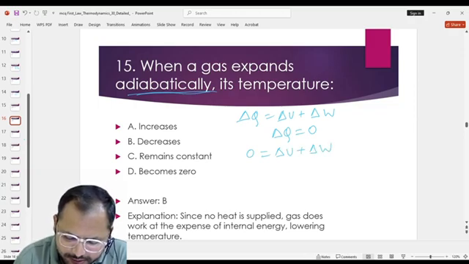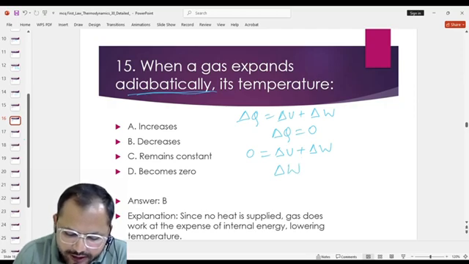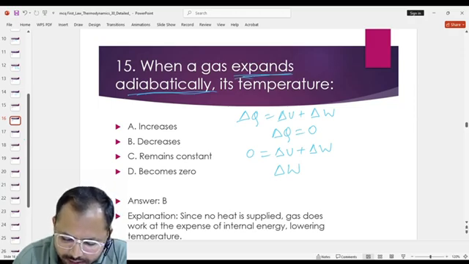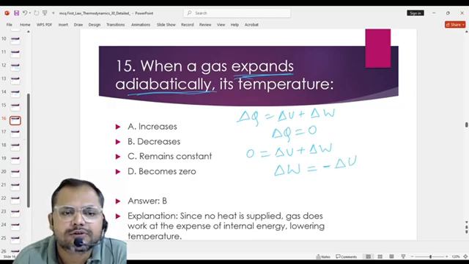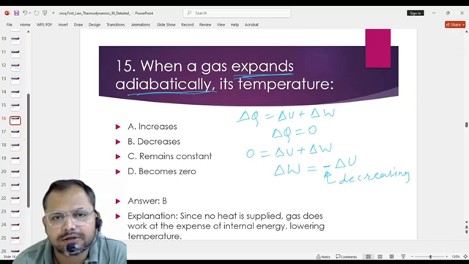In case of expansion, the work done is positive, so the change in internal energy will be negative. The negative sign shows a decrease in internal energy.